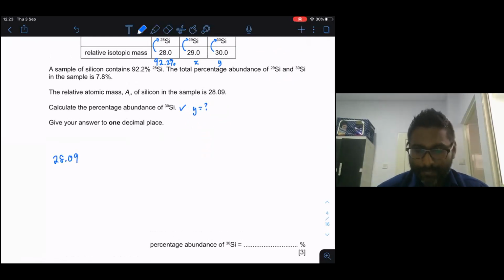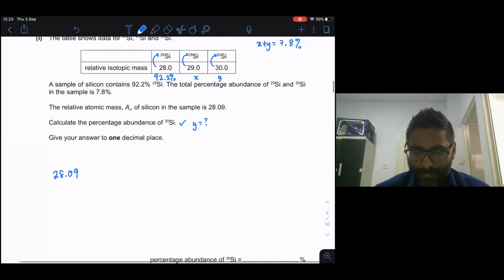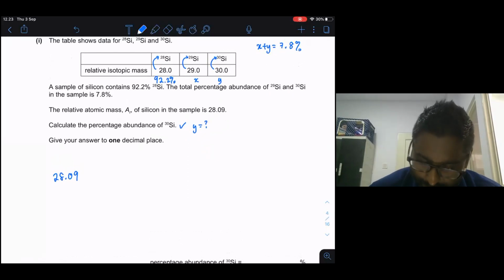28.09. Or let's say, actually, instead of putting X and Y, we know that if you add all of them, X plus Y is going to be 7.8.